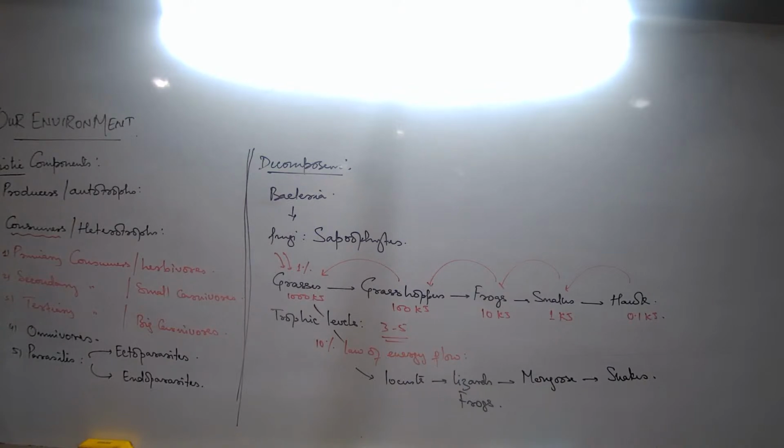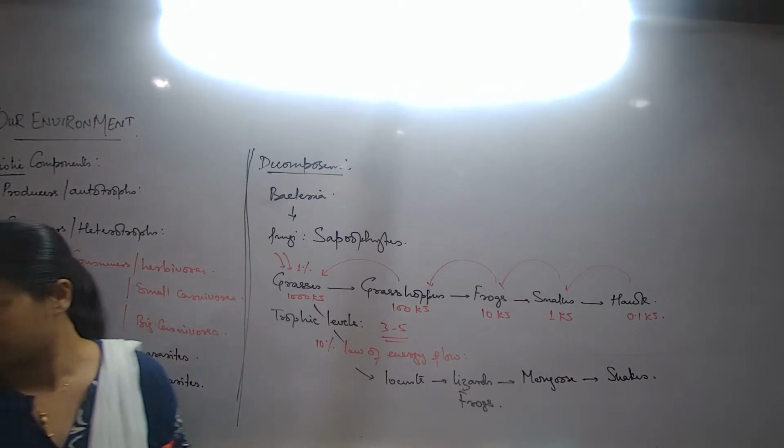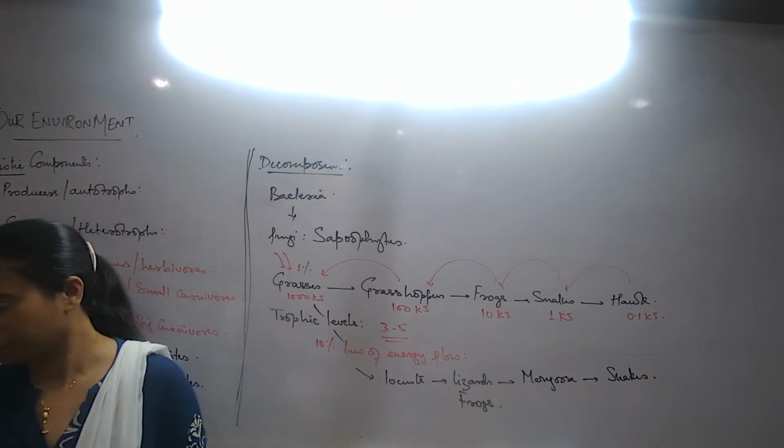Was it waiting for the snake or the lizard to eat it up to pass on that whole amount of energy? No. After feeding on the plants, constantly it is moving, growing, dividing, molting. So it has already lost so much energy. If it is eaten by another animal, obviously that animal will not get all the energy. And what if the grasshopper ate grass and got the energy, and as soon as he ate that, the frog ate him?